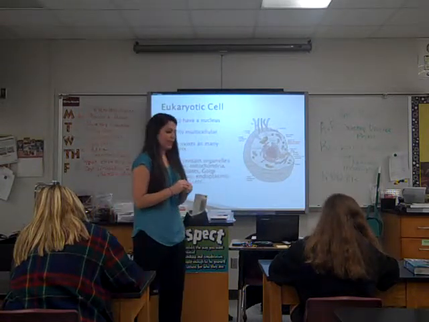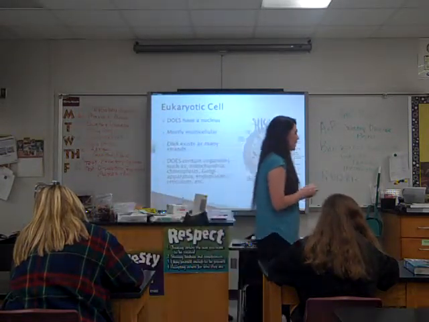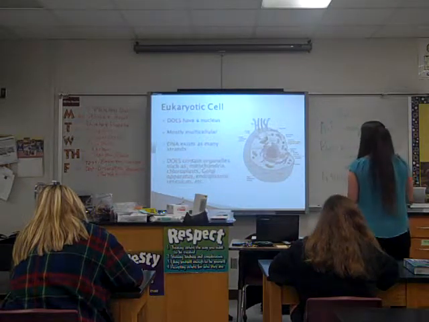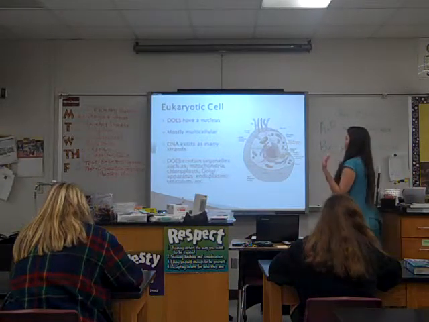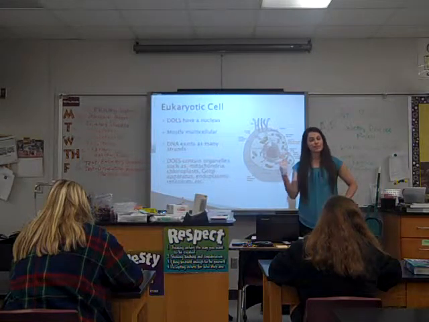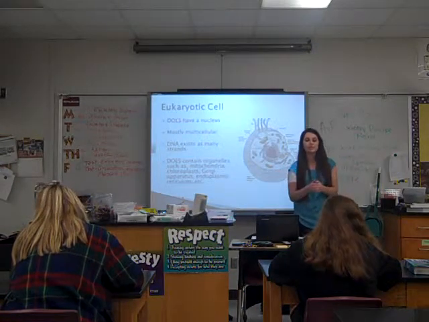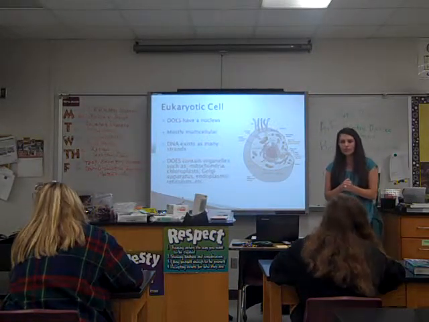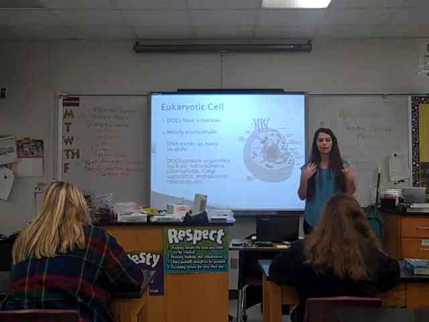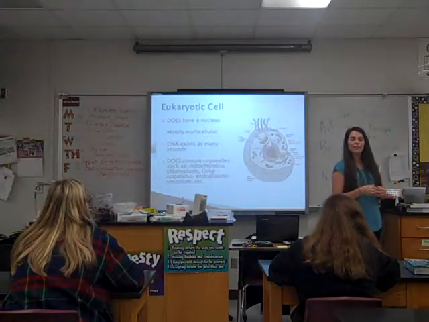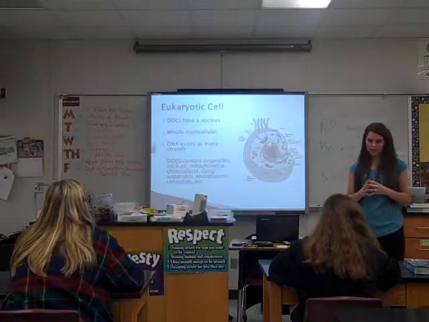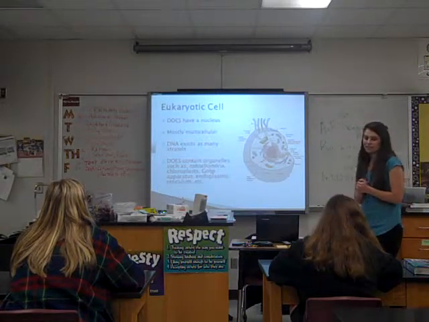They do have a nucleus. Organisms that are eukaryotic and contain eukaryotic cells are normally multicellular organisms. Most of the time, these organisms have many cells within their body, and they're not just a single-celled organism. So mostly multicellular.